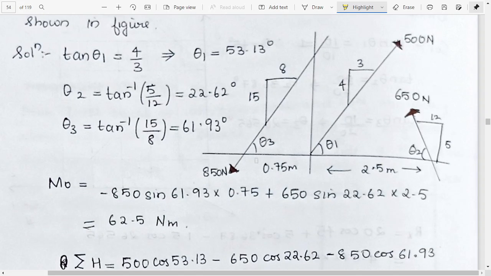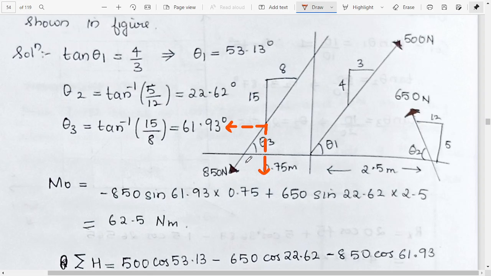So it will be 850 sin 61.93. Actually, this is the cos and this is the sin. Sorry, I'm just confused.